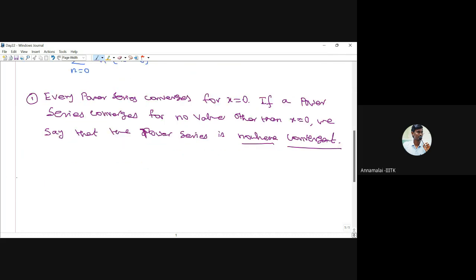The second fact: suppose a series converges for all values of x in the given domain, then such a series is called everywhere convergent.